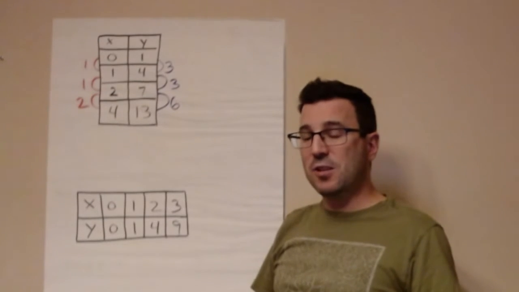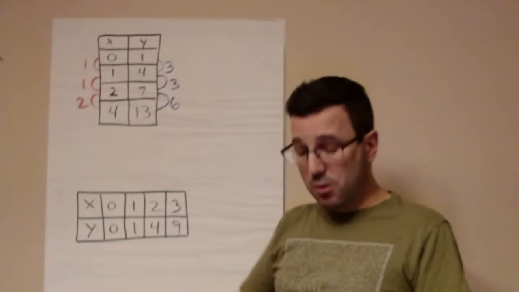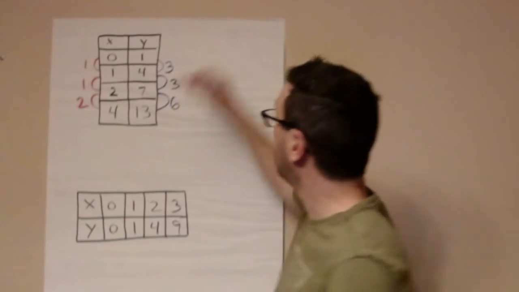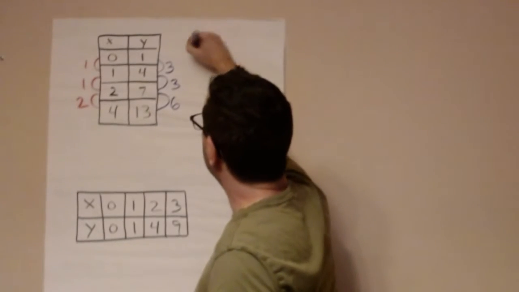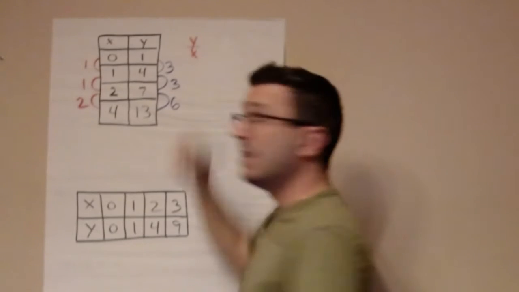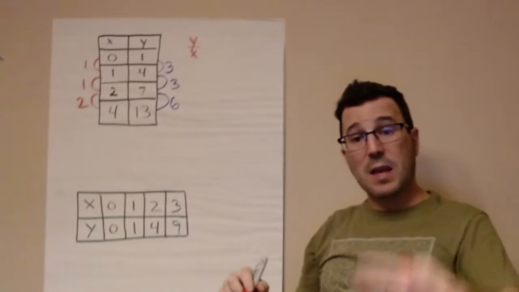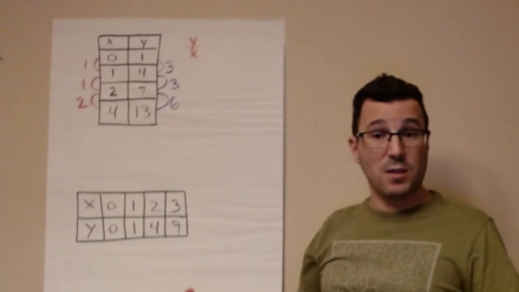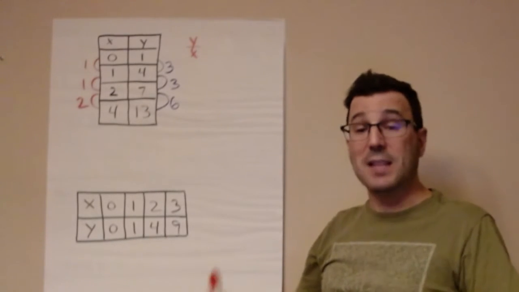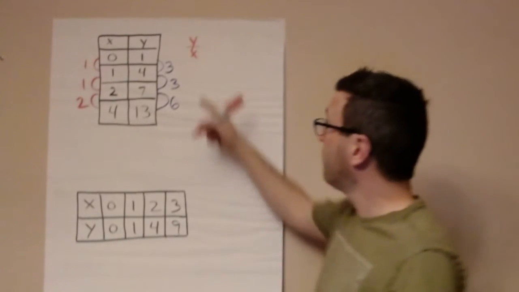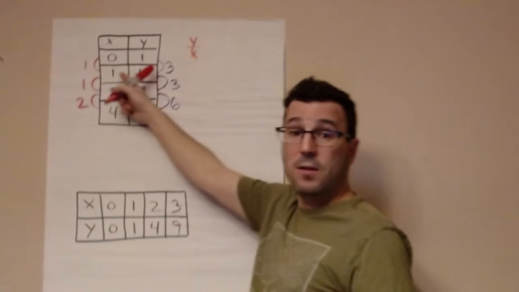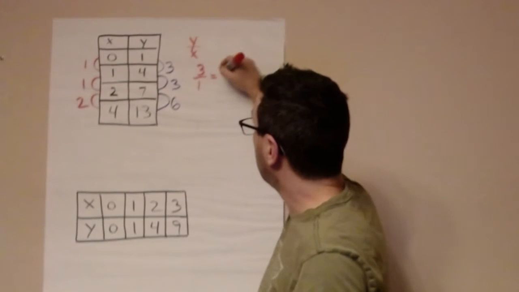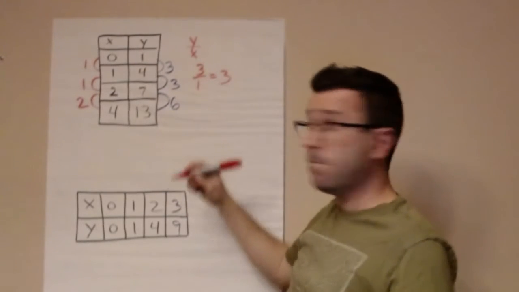Again, it changes. But I'm going to set up my ratios. I'm going to set up my ratios as y over x. And if I get the same value each time I set up that ratio, then this is a linear function because it has a constant rate of change. So we have 3 over 1, which gives us 3.